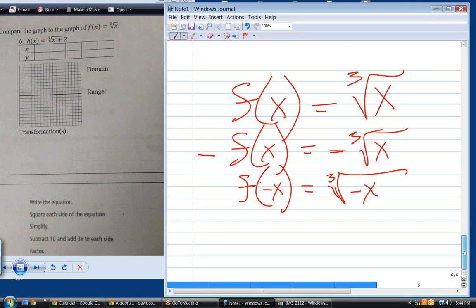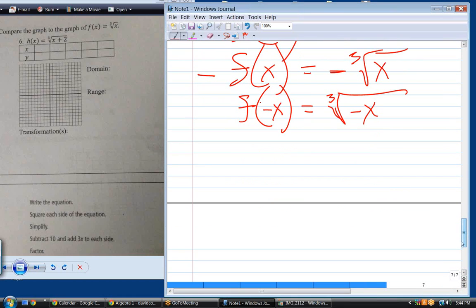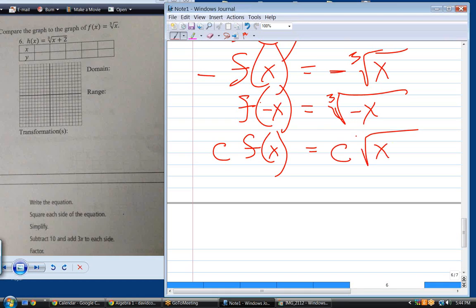Let's go over the other 4 things that you can do to this function, because there's only 6. There's 2 reflections. And then if I put a multiplier in front of f of x, such as c times the cube root of x, what's that going to be?